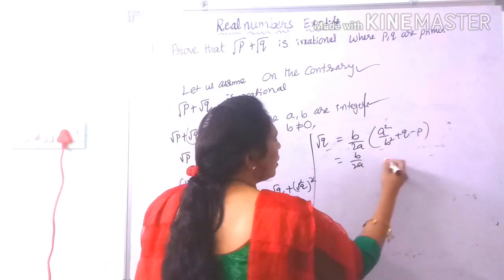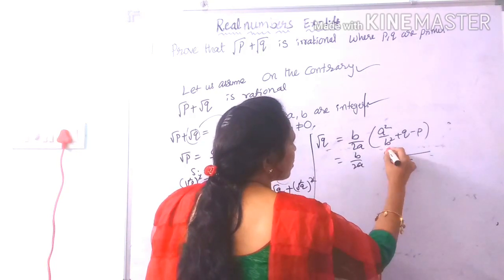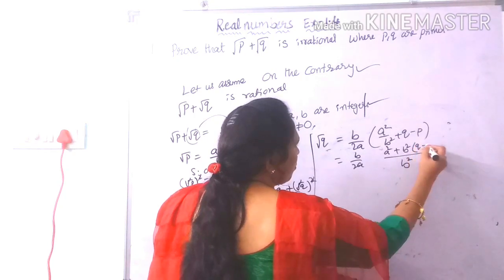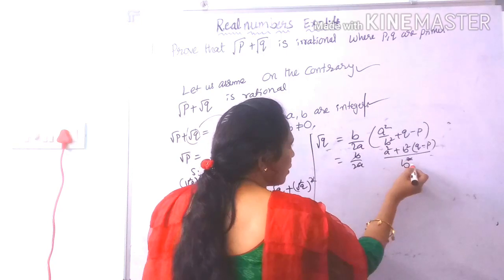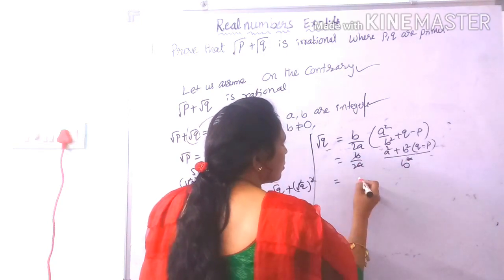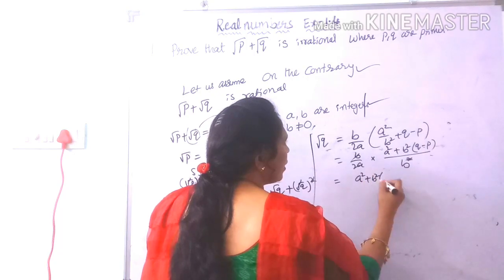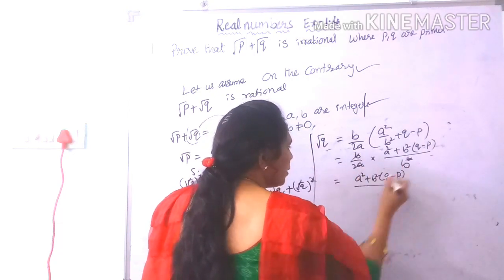Taking the LCM b square, a square plus b square q minus p, with b square taken as common. So b and b square, one b cancels. So a square plus b square into q minus p, by 2 and a and b.